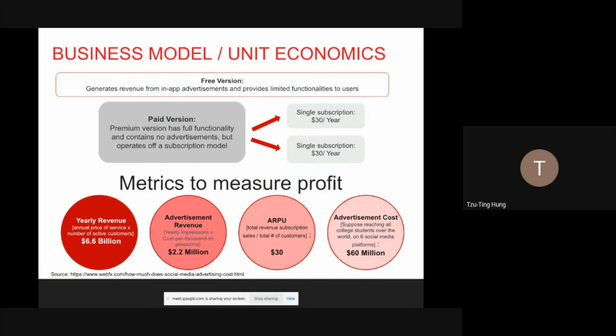And the third one is ARPU. It's an abbreviation of average revenue per user, and it is simply copied from the yearly subscription fee, $30.